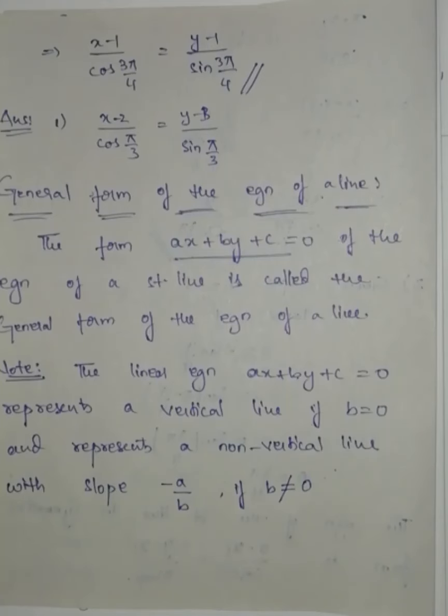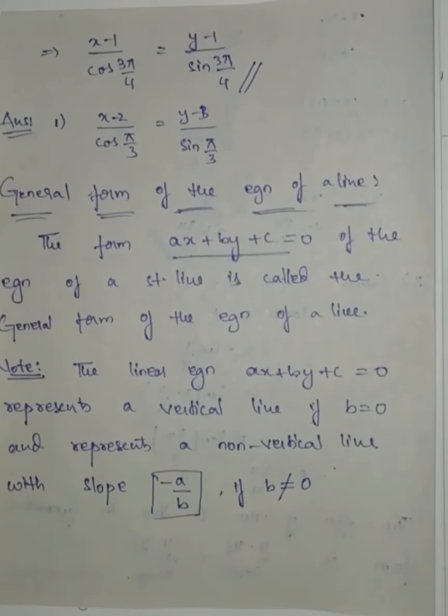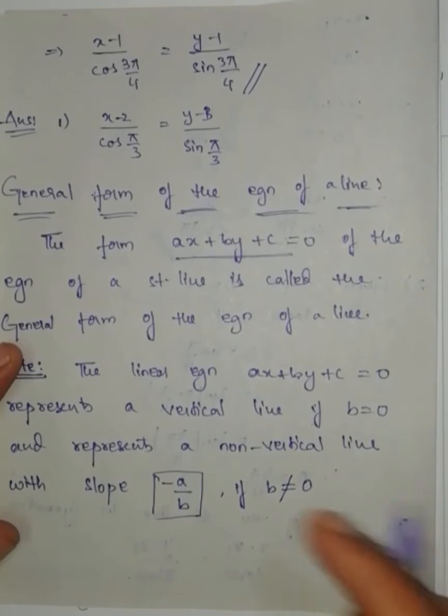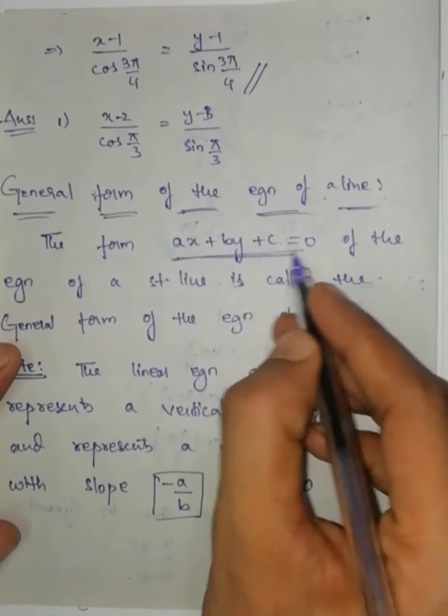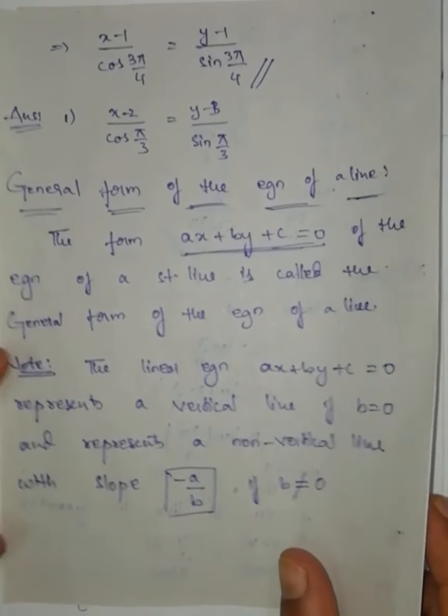If a vertical line is there, then the slope will not be defined. Therefore, if I take b is not equal to 0, then this line represents a non-vertical line. Therefore, the slope exists and the slope will be minus a by b. This is the most general form of a straight line.